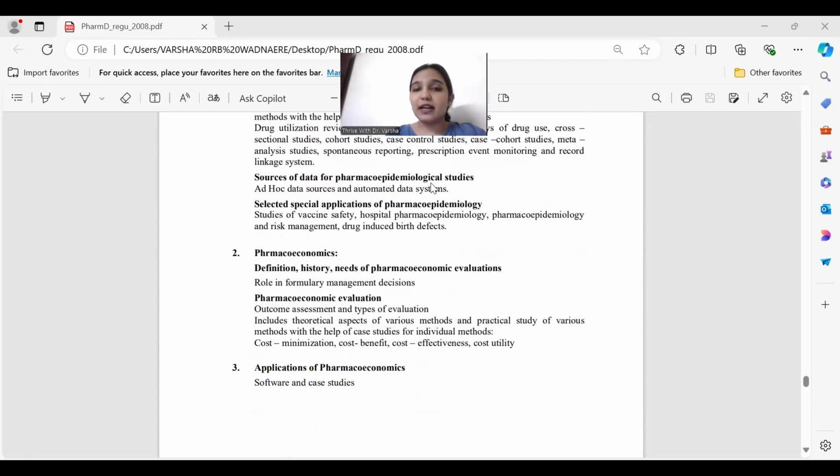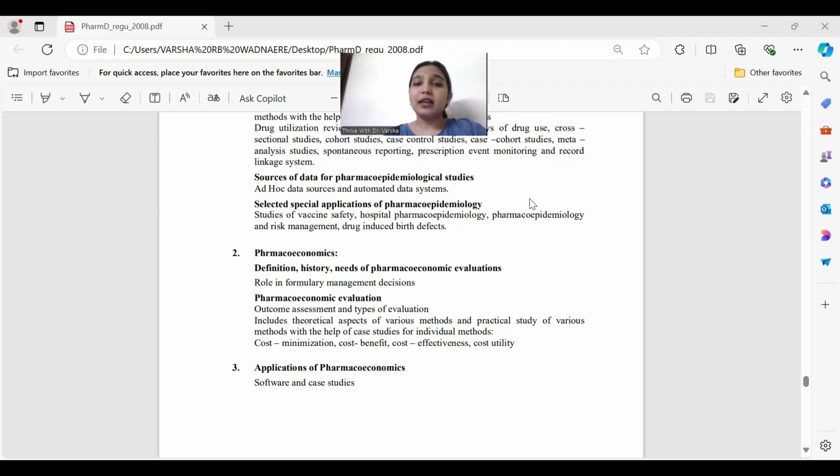Then sources of data for pharmacoepidemiological studies, that is ad hoc data sources and automated data systems. Now there are completely different systems in a particular area. You'll be learning all those systems. Selected special applications of pharmacoepidemiology.